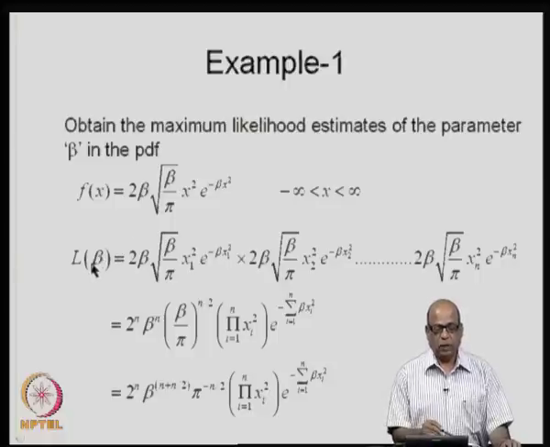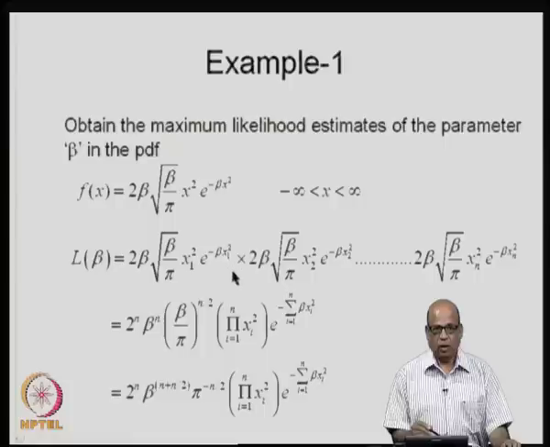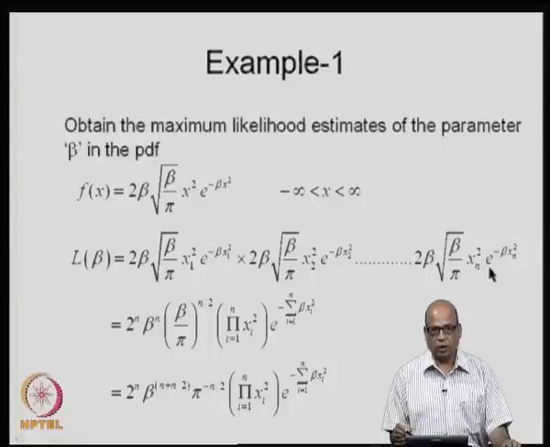So, we define the likelihood function as equal to 2 beta into beta by pi x 1 square into e to the power minus beta x 1 square into etcetera. Like this, every time we change the x value to x 1, x 2, x 3 etcetera up to x n, and then define the likelihood function.